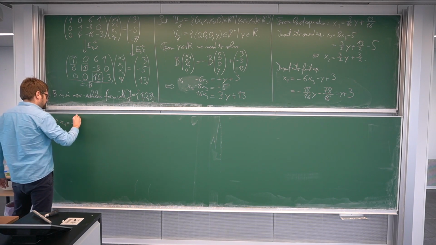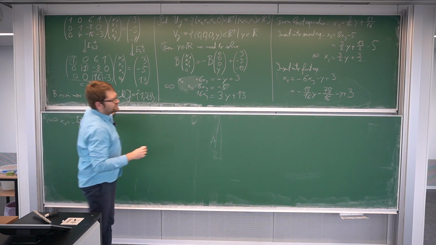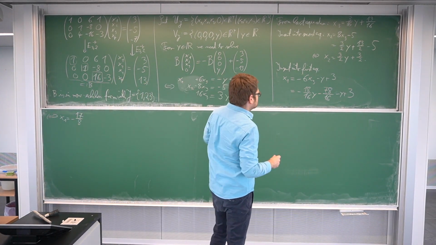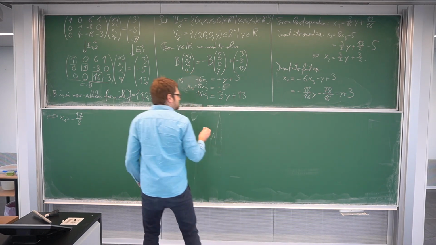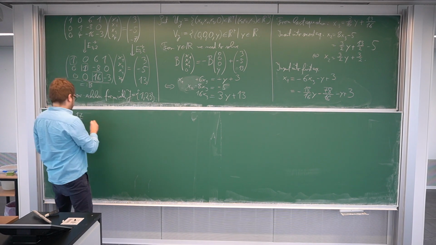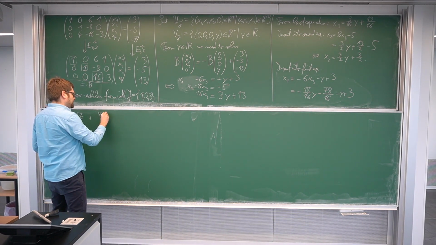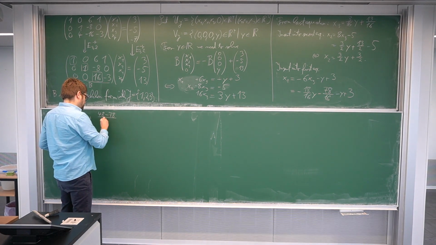X1 is minus 17 over 8. Now comes the funny part. So 3 times 16 is 48, so it's plus 48 minus 78 over 16.